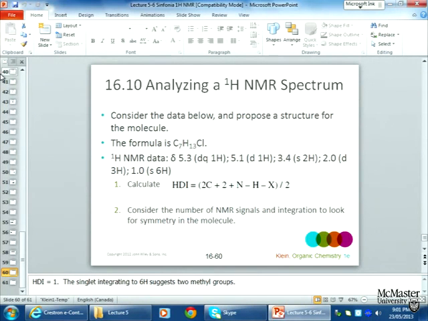All right, so let's have a look at those hydrogens. One of them, the one at 5.3, is a doublet of quartets, right? So let's call this 5.3. How many neighbors does it have to this side? 1, right?